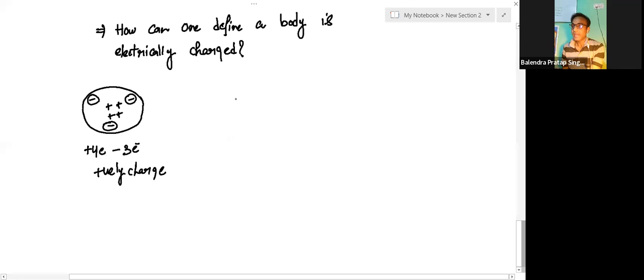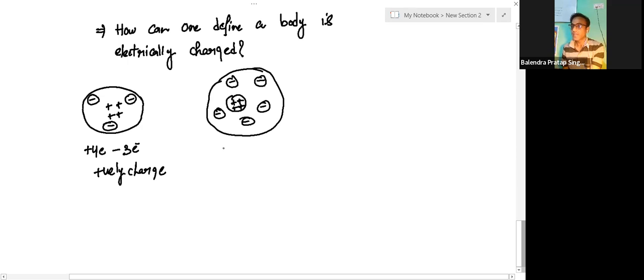Okay, and for another part, suppose this is a nucleus, it again has +4 charge and is surrounded by electrons. Now I choose 1, 2, 3, 4, 5 electrons. So in this case it again has 4 positive charges minus 5 negative charges, so it is negatively charged, because it has more electrons in comparison to protons.